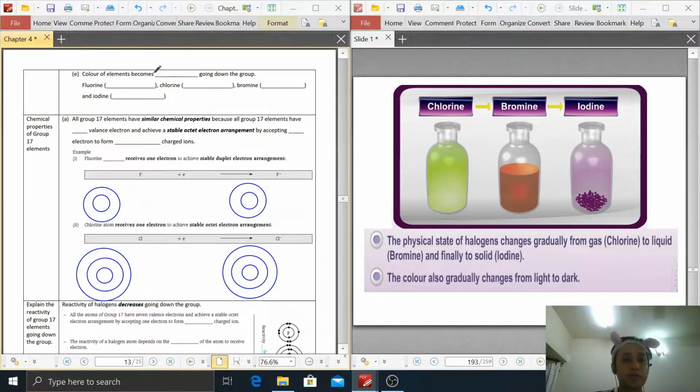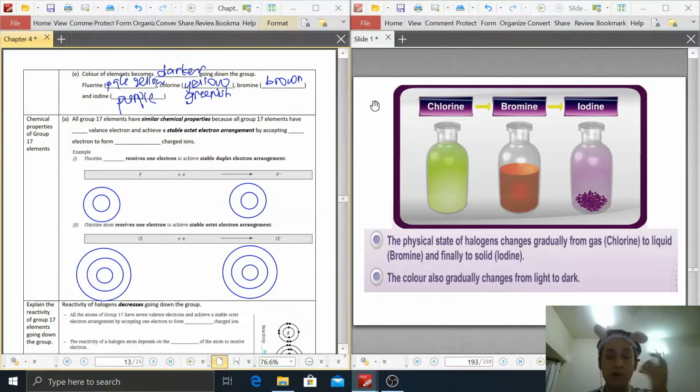So fluorine is pale yellow, chlorine is yellowish green, bromine is brown, whereas iodine is purple.